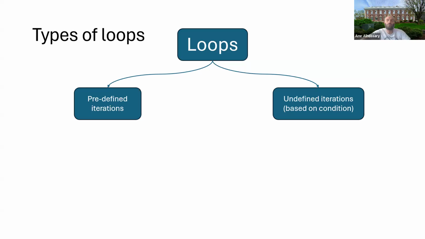These and others are factors which make the number of iterations not exactly known, but it can be based on a condition: if I reached the target or not yet. If I didn't reach the target, I continue going. If I reach it, I stop going forward. So the loops are either for a predefined number of iterations or an undefined number of iterations.